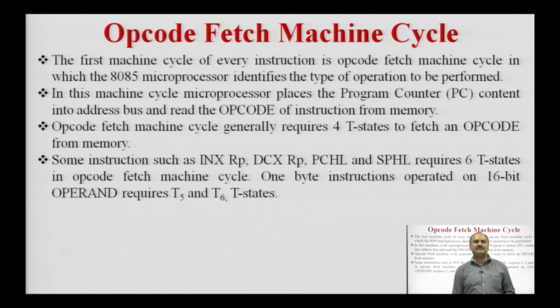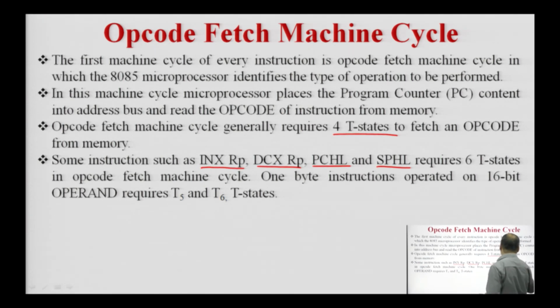During the T4 T state of the opcode fetch machine cycle, the microprocessor decodes the operation code and understands which operation is required to be performed. Generally the opcode fetch machine cycle requires 4 T states, but some instructions, that is INX RP, DCX RP, PCHL and SPHL, require 6 T states during the execution of the opcode fetch machine cycle. RP means the register pair.